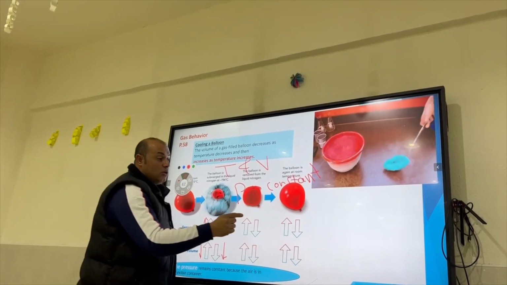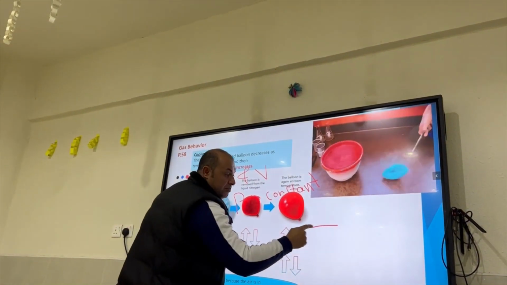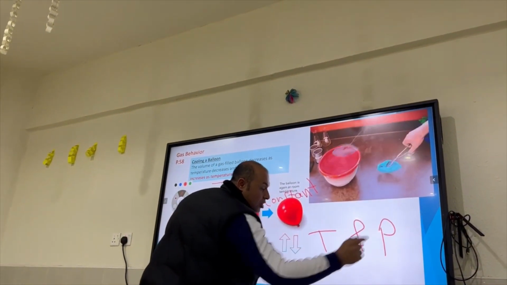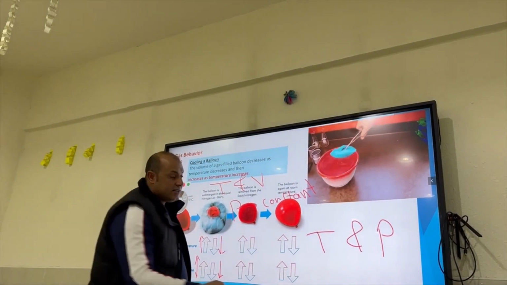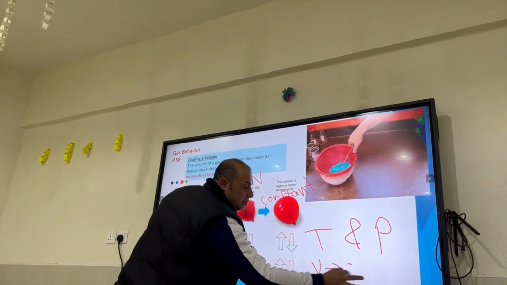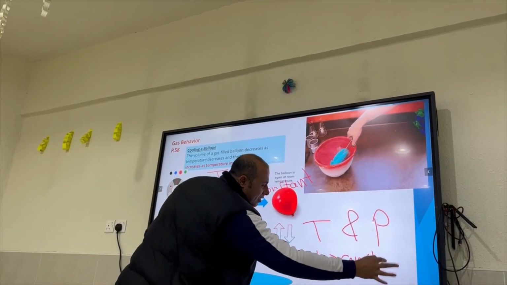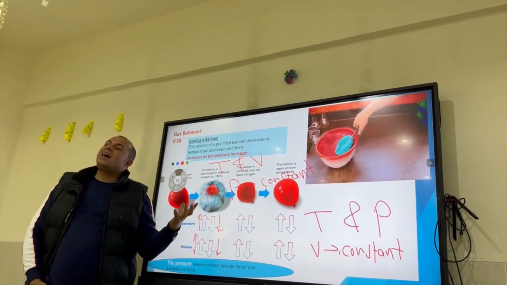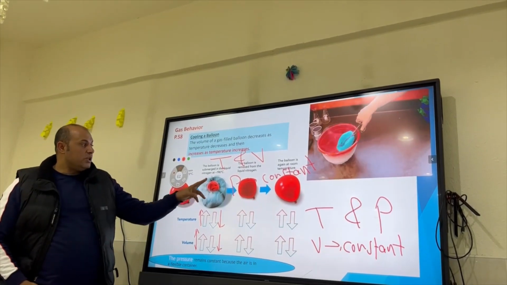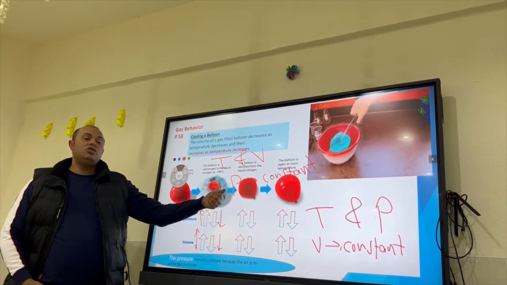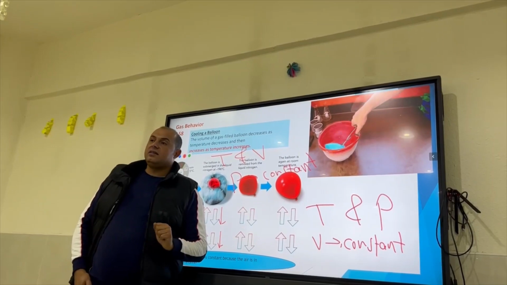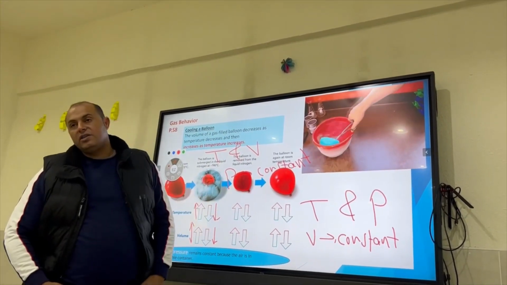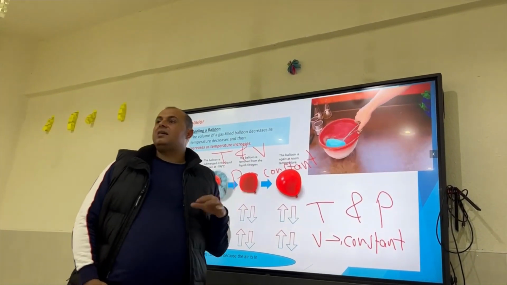If I want a relationship between temperature and pressure, the volume must be constant. So if you want to construct any relationship between two parameters in gas, the third one must be constant. This is Charles law in a simple way.